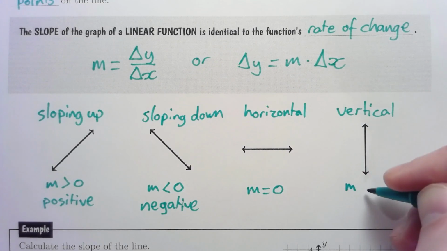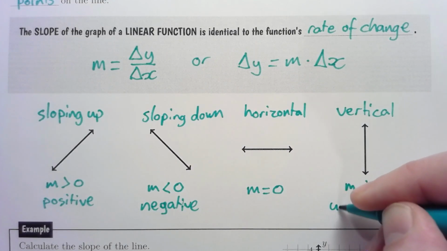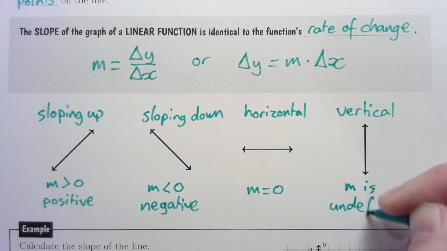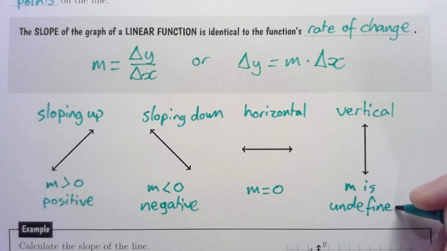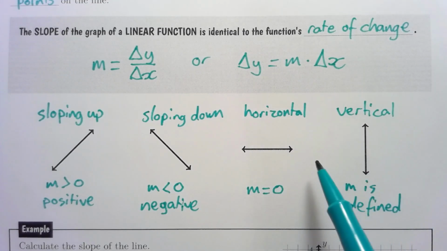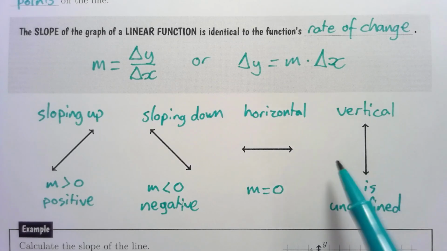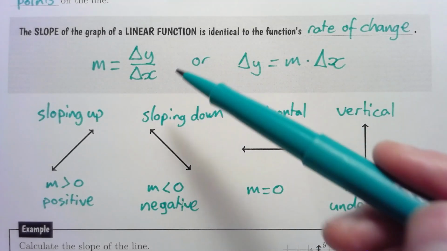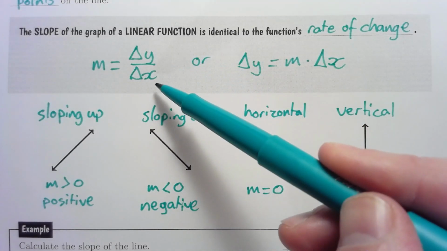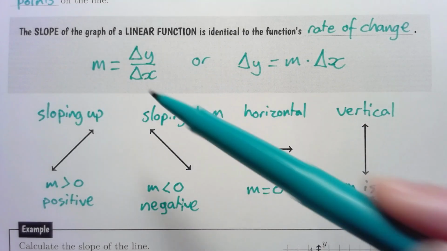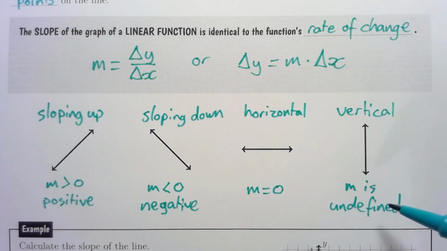In this case, we say that m is undefined, because that would involve no horizontal change at all, which means in our ratio, we'd be dividing by 0, which doesn't make any numerical sense. So we say that m as a number is undefined. So these are the 4 main types of slopes that we can have, but it's these first 2 that we will mostly focus on for linear functions.